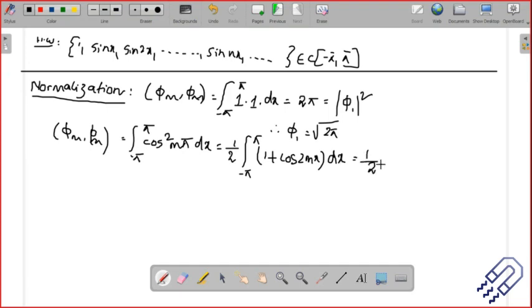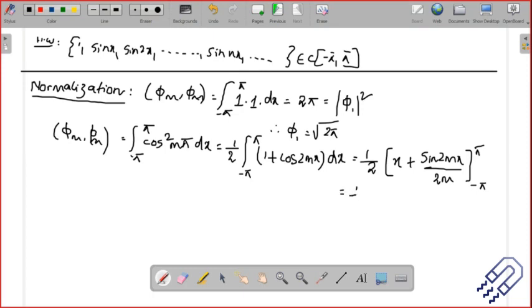Half, we can take it this way, and then integrating, this will be x plus sine of 2mx divided by 2m, and then we integrate it from minus pi to pi.